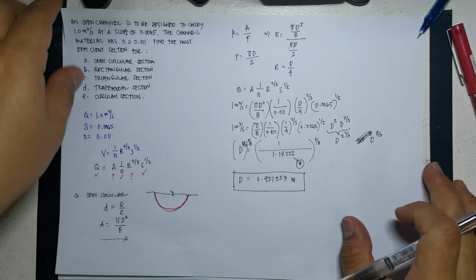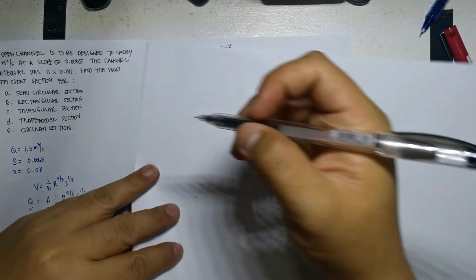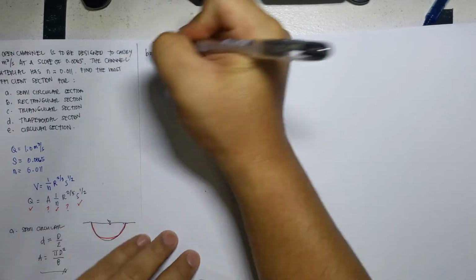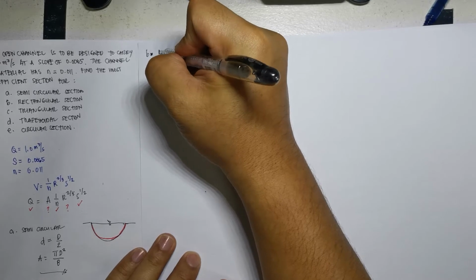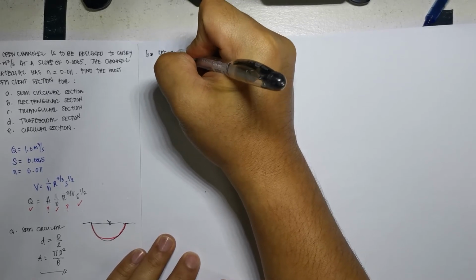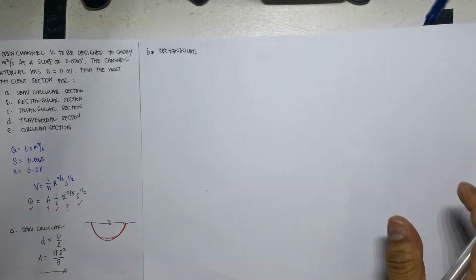Ngayon, try naman natin kapag rectangular section. So, for rectangular section, kunin natin si B. B is rectangular section. So, same pa rin yung mga given.